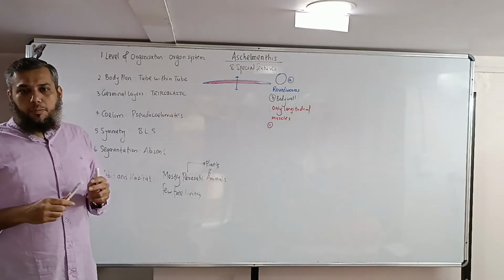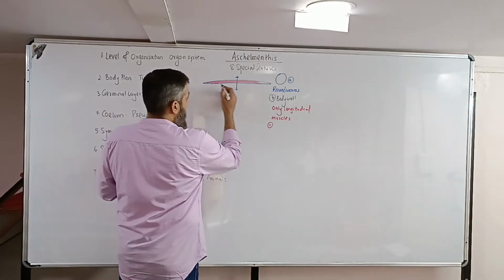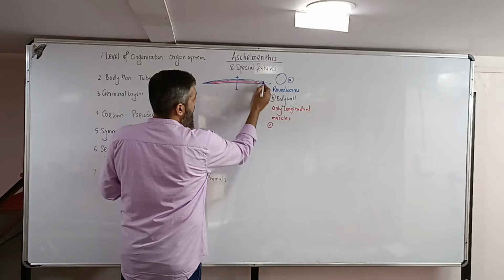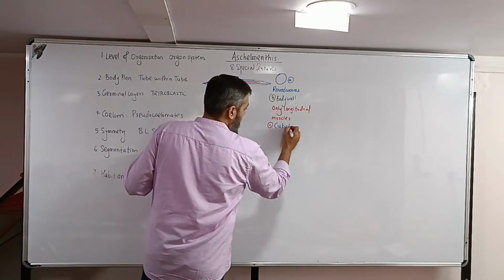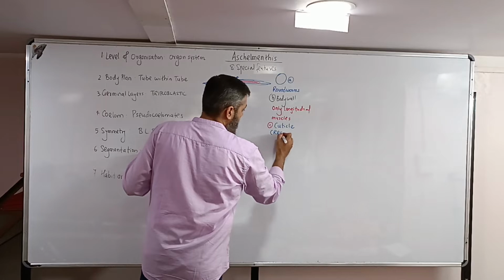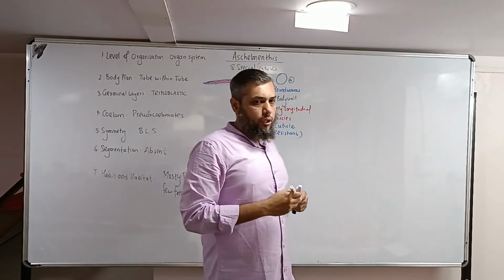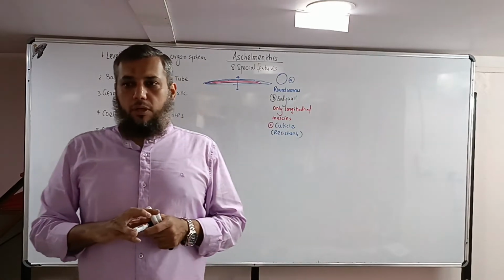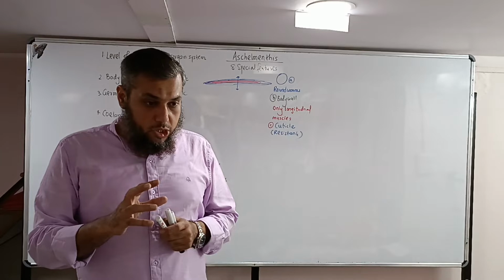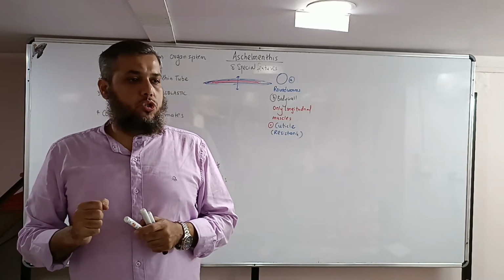And their body is covered by a thick layer. The body is covered by a layer which is called cuticle. It's a resistant cuticle. What do you mean by resistant cuticle? It will protect the worm from the powerful digestive enzymes that are found in the alimentary canal of the host.